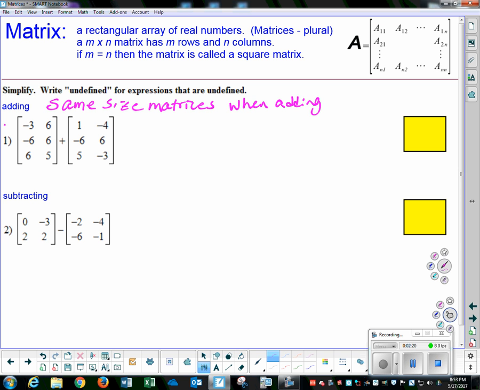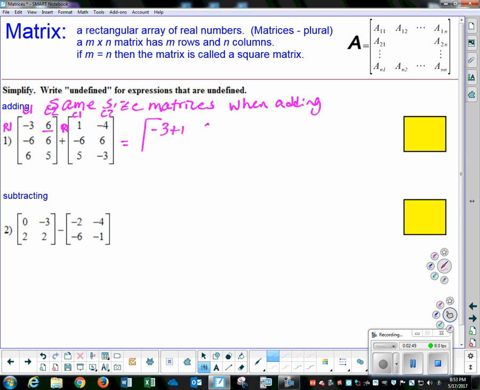So this is my row 1 by column 1, and here I have row 1, column 1. So this would be location 1, 1, and this is location 1, 1. So I'm going to take location 1, 1 plus the other location 1, 1, and I'm going to add up -3 and the +1.